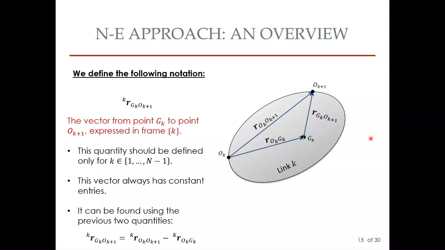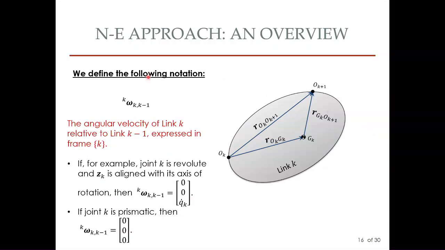No problem. Okay. And now this value here is the angular velocity of link K relative to K minus 1. It's the relative one. In frame K, we have two options. If OK is a revolute joint, we will have QK dot normally, if you assign one of the axes of frame K to pass through the joint axis.